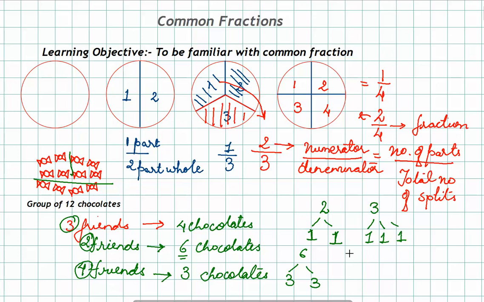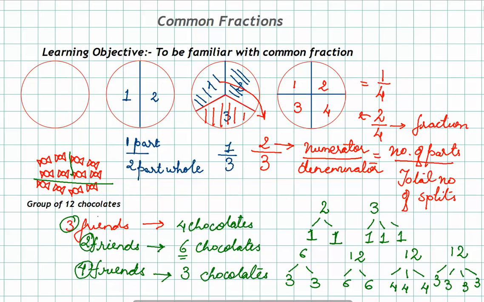With 12 chocolates between 2, you divide equally as 6 and 6. With 3 friends, you divide it as 4, 4 and 4. And 12 chocolates divided equally between 4 friends, as 3, 3, 3 and 3.